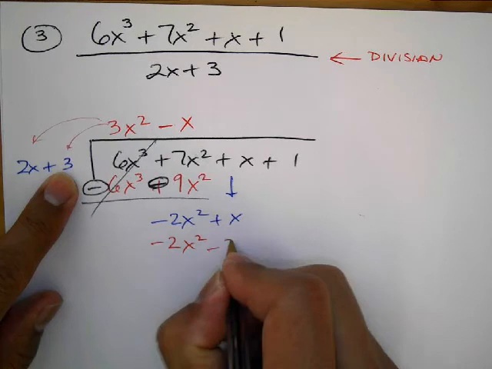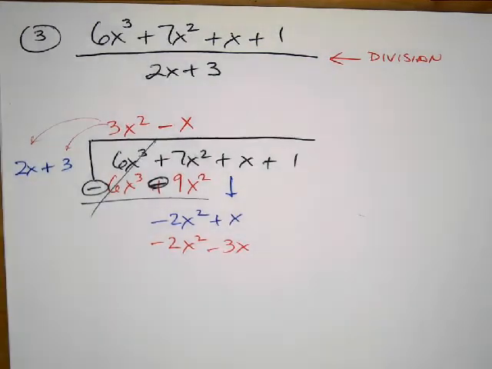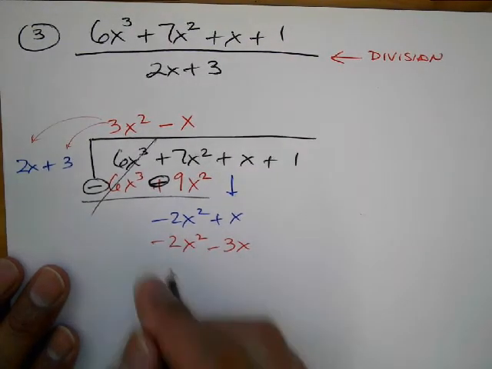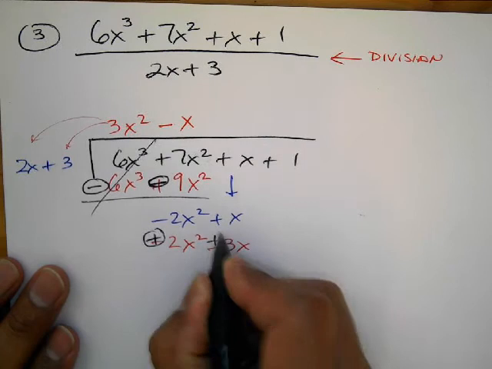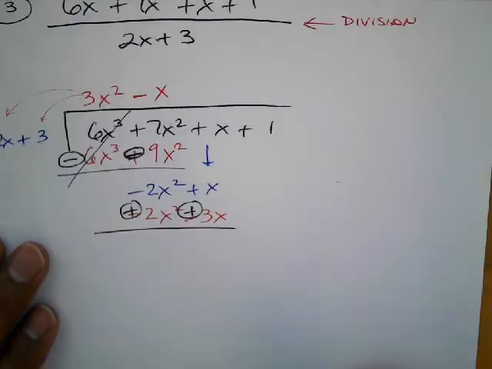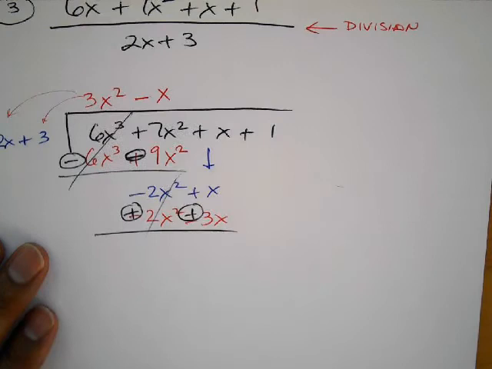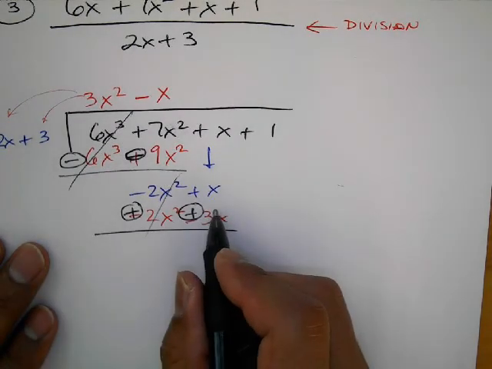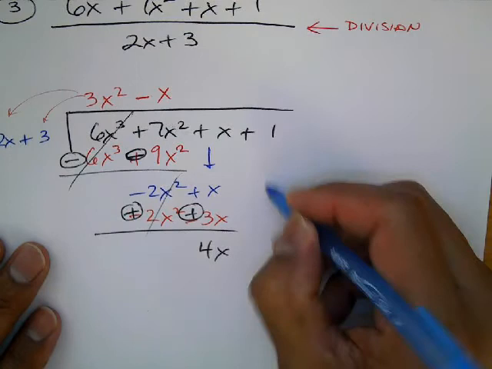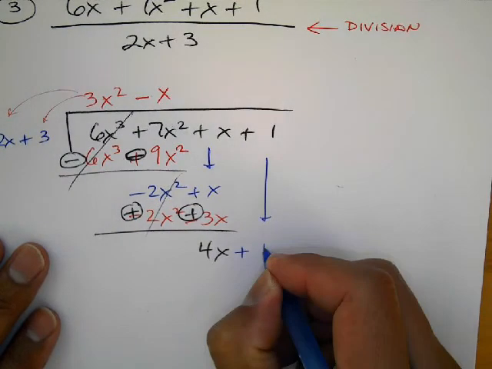That'll be negative 2x squared, negative 3x. Okay. Now we subtract, so that changes the signs of these down here. So that'll change this to a plus. That'll change this to a plus. And this will add up to 0. This will leave you with 3x plus 1x, 4x.